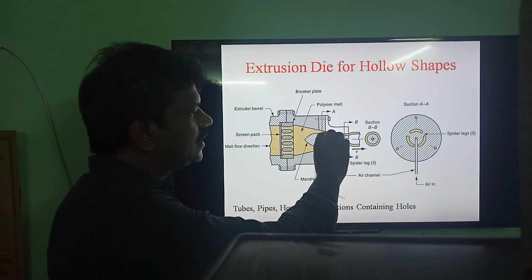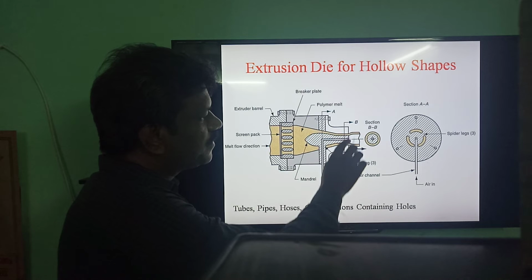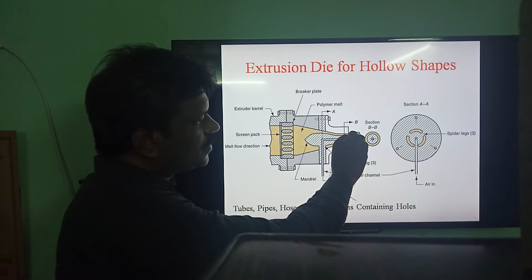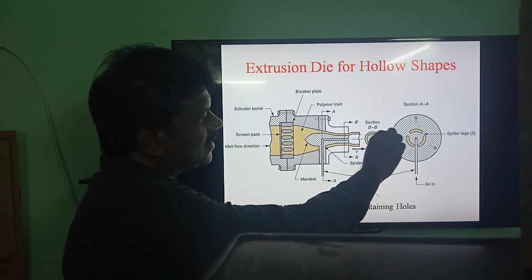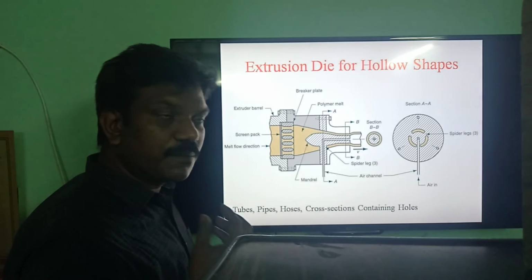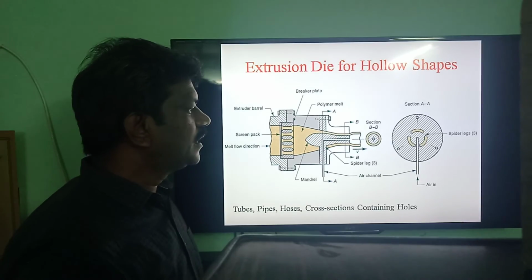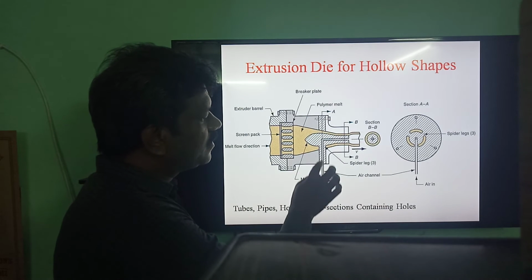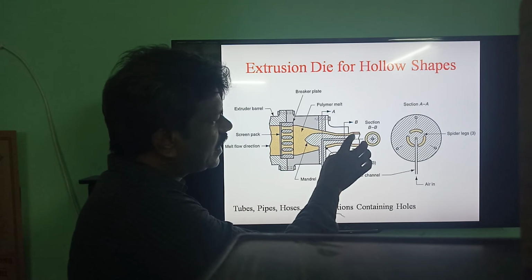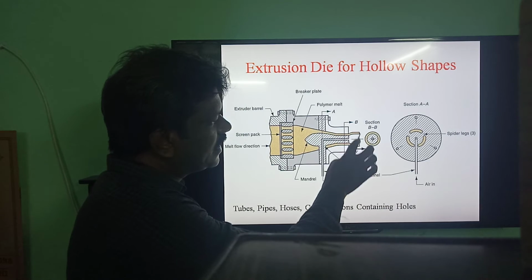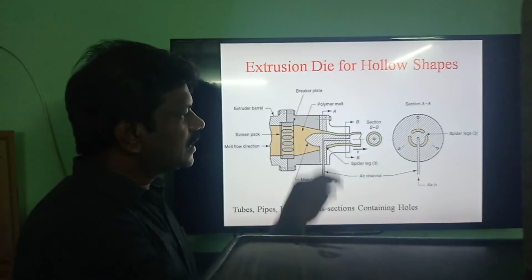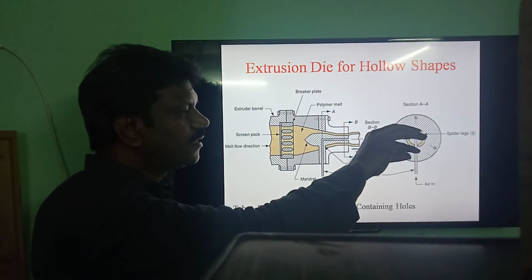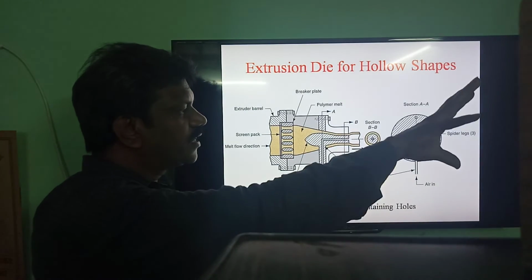Suppose once the product is extruded, at this point there is no mandrel. Therefore, what happens naturally, it may get closer, so that we cannot have a uniform diameter of the pipe or the extruded component, right? In order to avoid that, after extrusion we supply the air continuously, so that this air gives a force in the radially outward direction. Because of this, the extruded components expand radially outward.